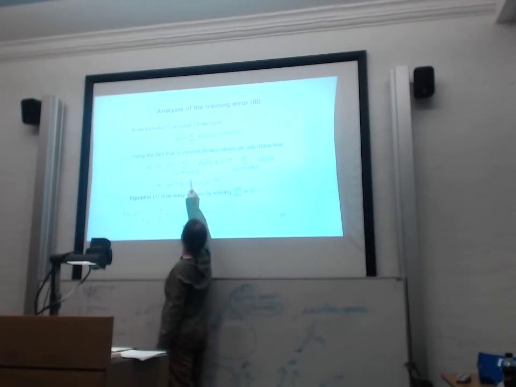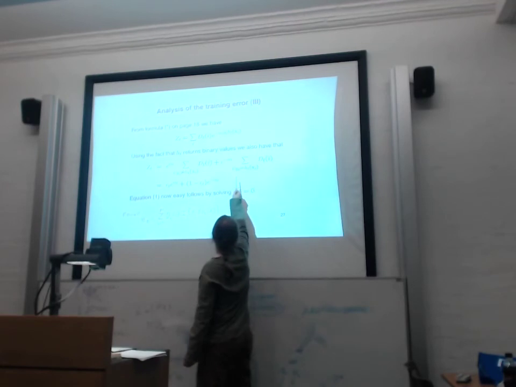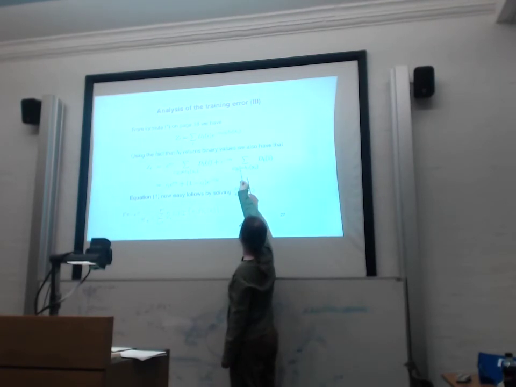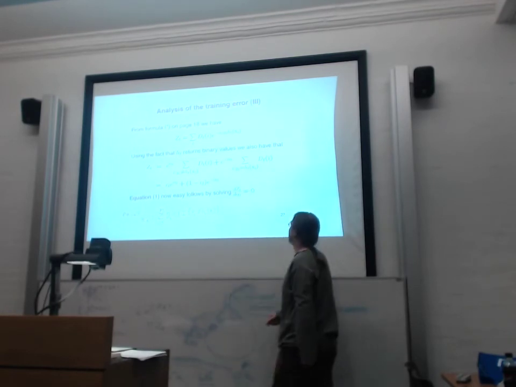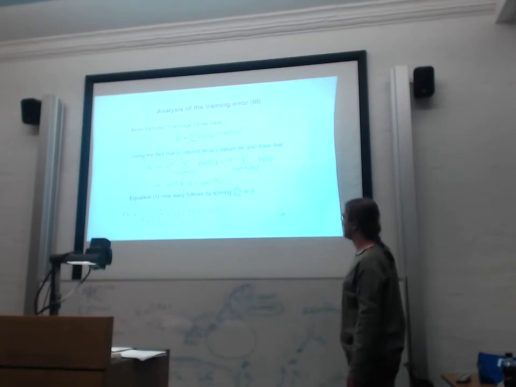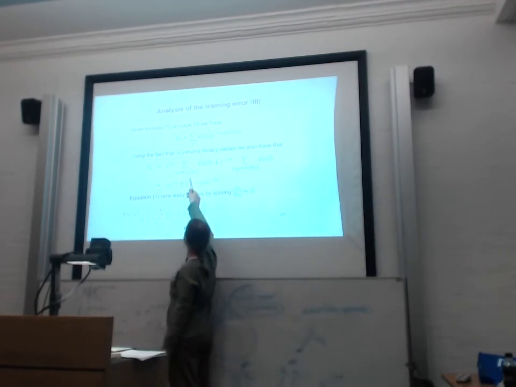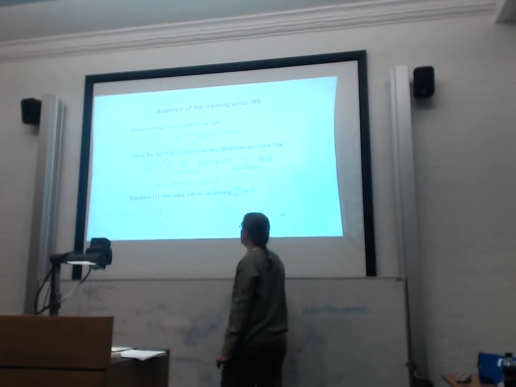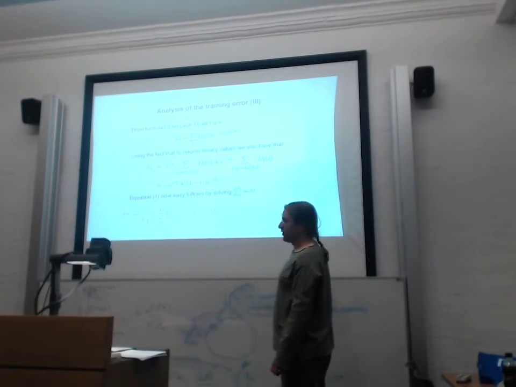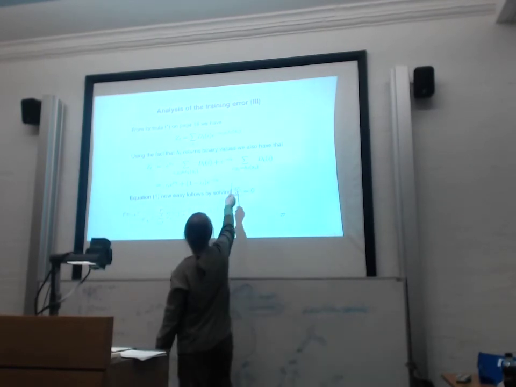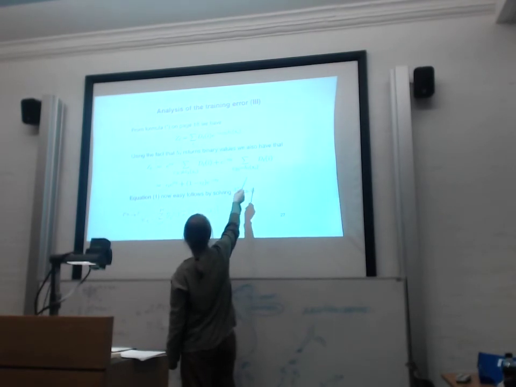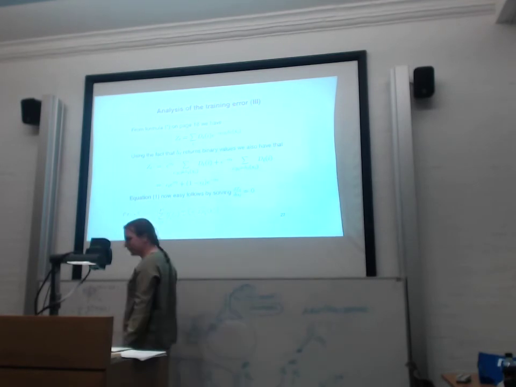This is the examples on which we've made a mistake. For examples which we are correct, y_i and h_t(x_i) match in sign, so we get e to the minus alpha t, and we sum over the correct examples. So if we look over here, we have just the definition of epsilon t, so we get epsilon t times e to the alpha t, and likewise here, we simply have 1 minus epsilon t times e to the minus alpha t.